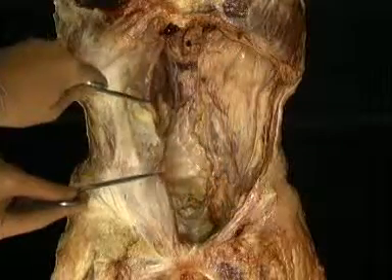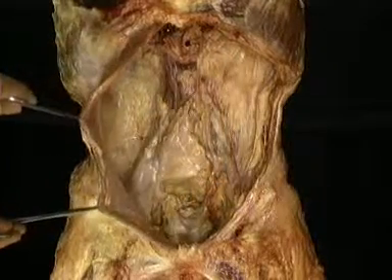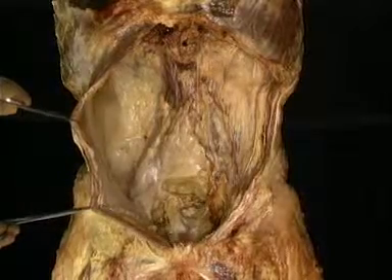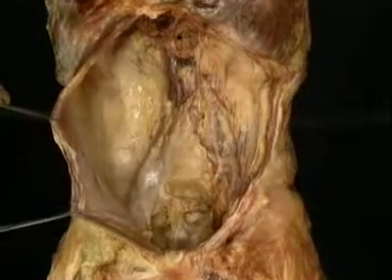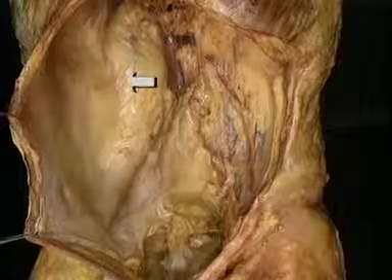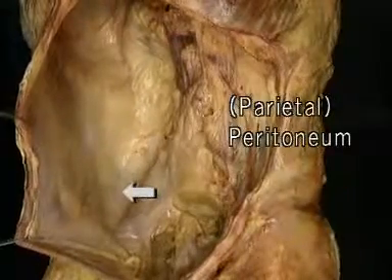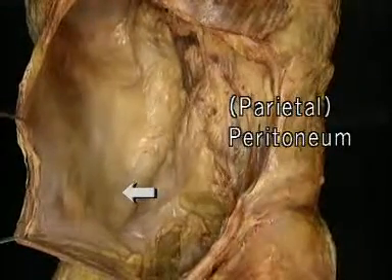Now that we've looked at all the muscles that form the walls of the abdominal cavity, we'll take a look inside the cavity itself. To do that, we'll look at a dissection in which the abdominal organs and the left half of the anterior abdominal wall have been removed. Here's the serous membrane that lines the abdominal cavity, the parietal peritoneum.